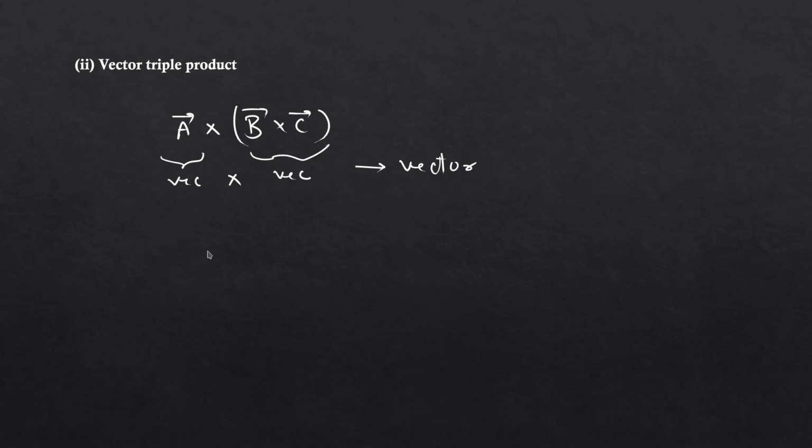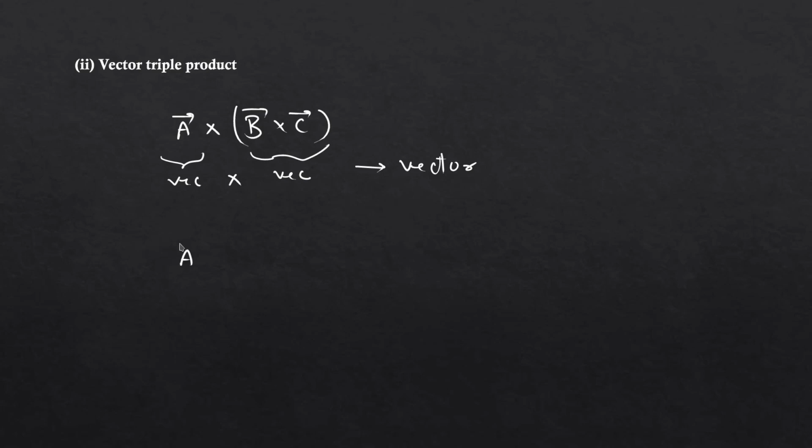So the formula to calculate it is not that straightforward. You first have to calculate B cross C, and then to the output vector you have to apply the cross product of A on top of that to get the vector triple product. So let's see the direct formula.